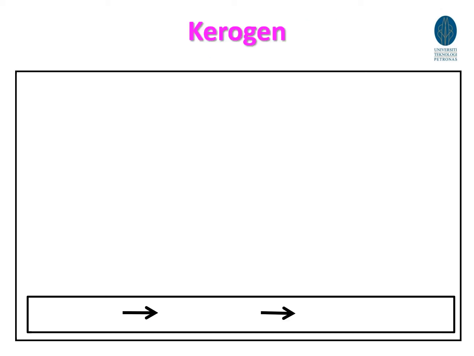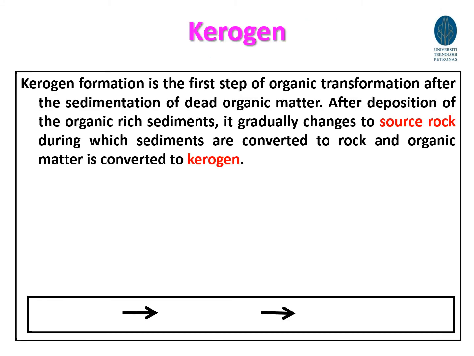Okay. So what is kerogen? Kerogen here is actually the insoluble organic matter in organic solvent. So as I mentioned previously, kerogen is the first step of organic transformation by the diagenetic processes after sedimentation of dead living organisms.